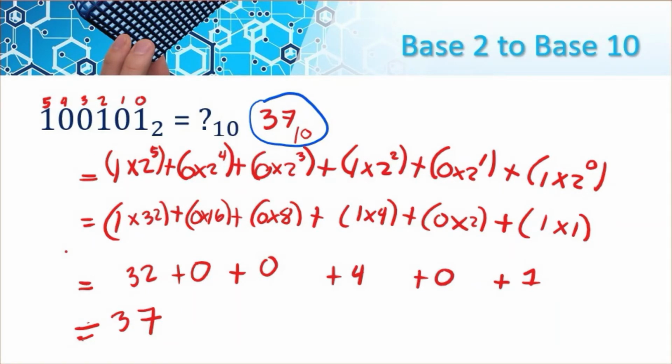By the way class, naay shortcut ani. So as you observe class, medyo complicated ang solution kay each bit, again, each bit ato man siya i-times into 2 to the power of ang position sa bit. So mag always ta mag times, as you observe, times 2 to the power of 5, then times 2 to the power of 4.